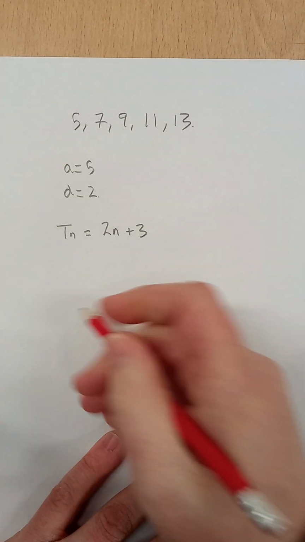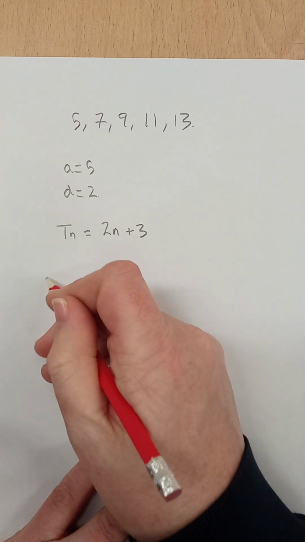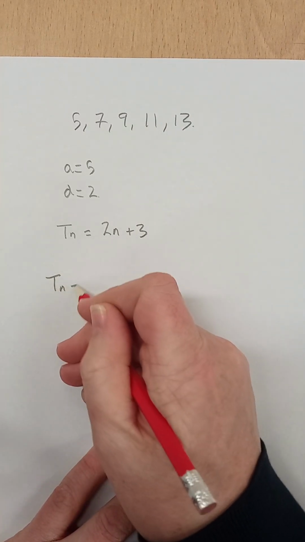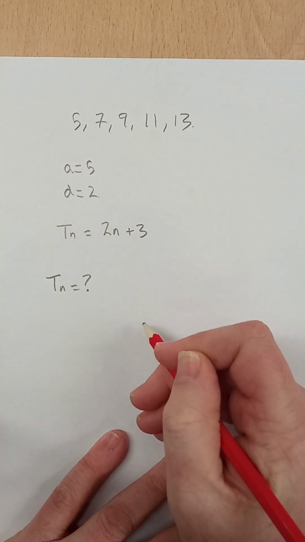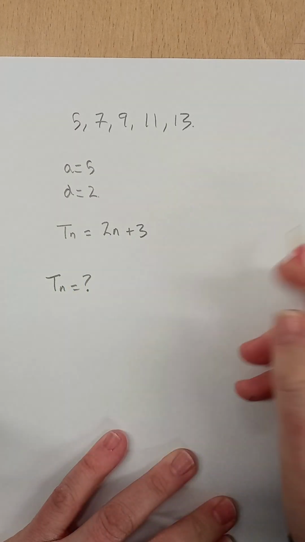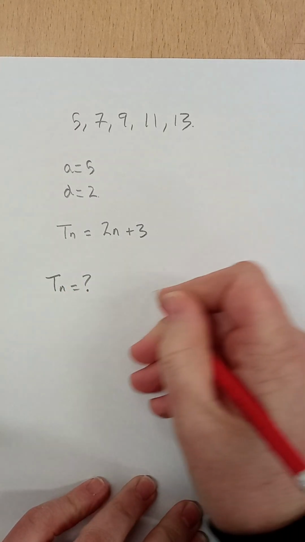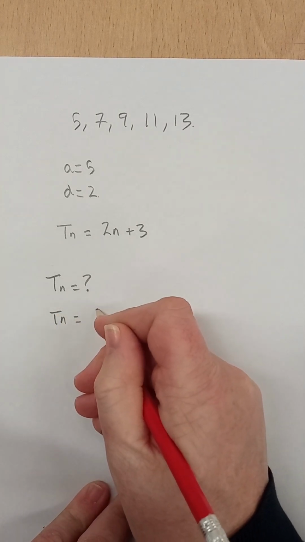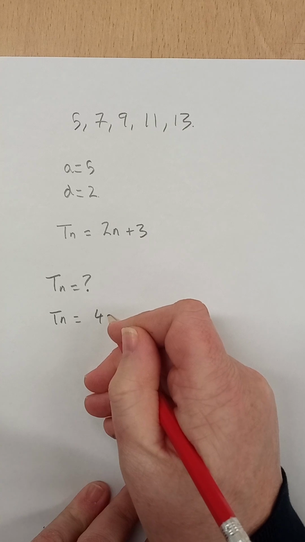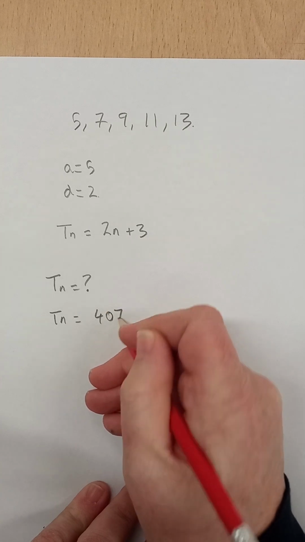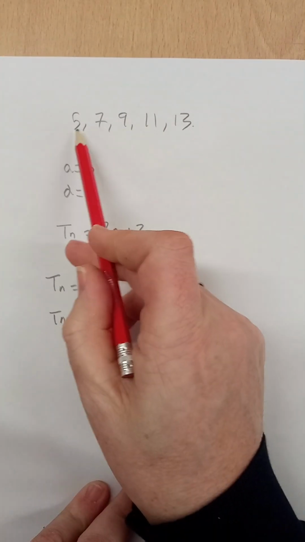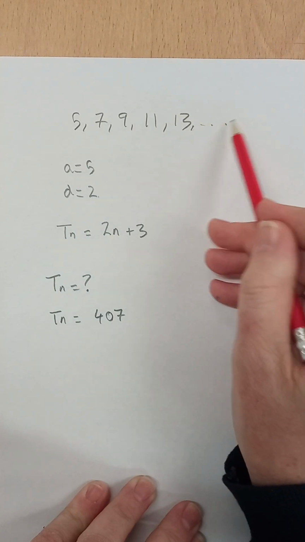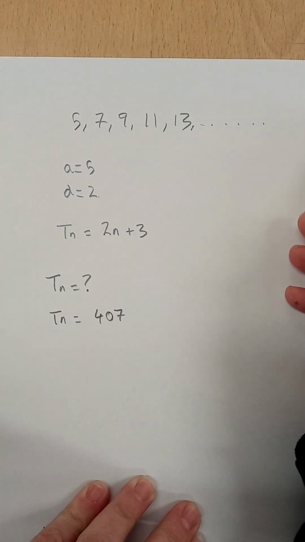Okay? What n, which number would I have to put in there in order to give me 407? In other words, if I keep going here, eventually I get to 407.